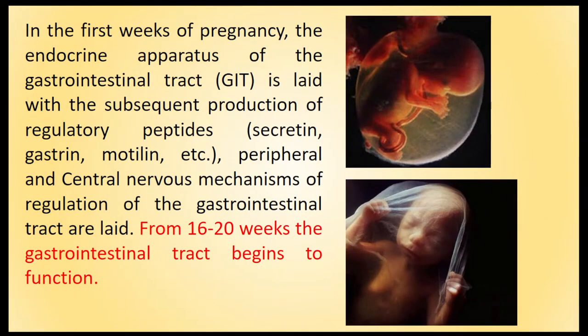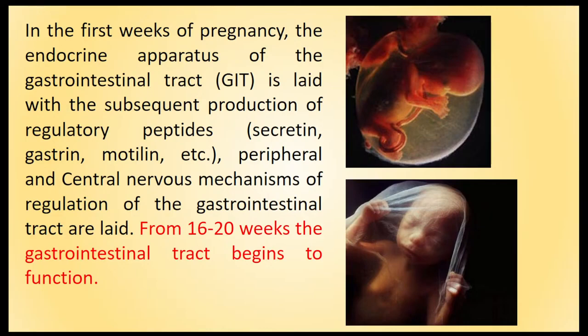In the first weeks of pregnancy, the endocrine apparatus of the gastrointestinal tract is laid down, with subsequent production of regulatory peptides: secretin, gastrin, motilin, and others. Peripheral and central nervous mechanisms of regulation of the gastrointestinal tract are laid.